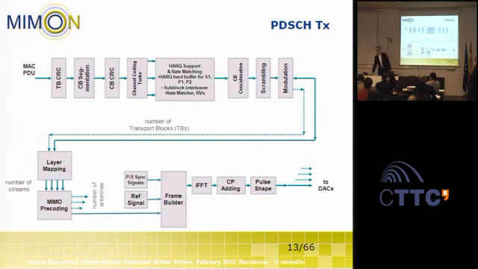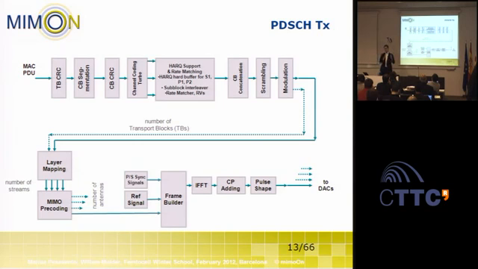Let me show you the basic blocks in the downlink data channel, the physical downlink shared channel. That is the transmitter side. If a package arrives from higher layers, a so-called MAC PDU, that is a transport block. To this transport block we append a cyclic redundancy check, some bits that can be used at the receiver to detect whether the package is received correctly, or whether a retransmission needs to be initiated.